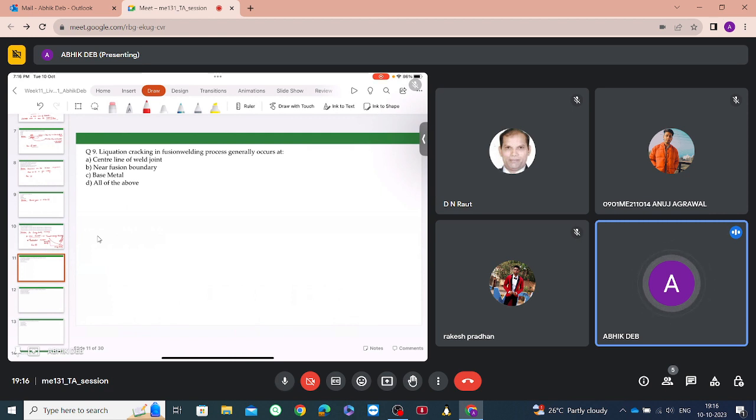Liquation cracking in fusion welding process generally occurs at which of these? Yes, so any idea about this?